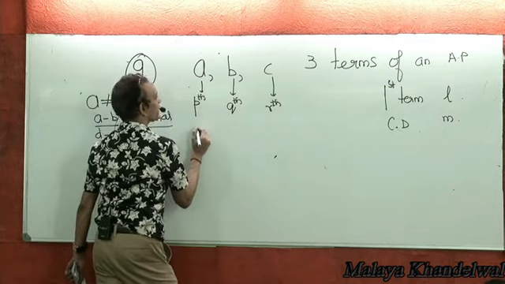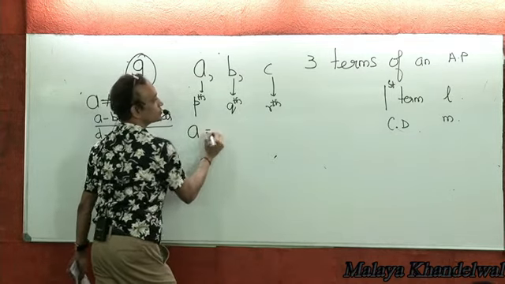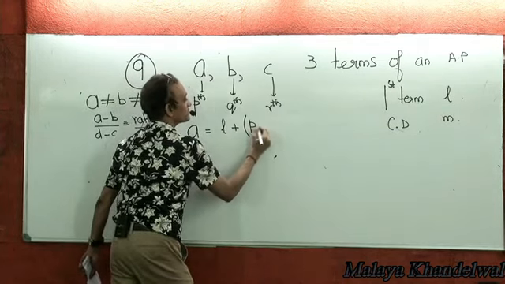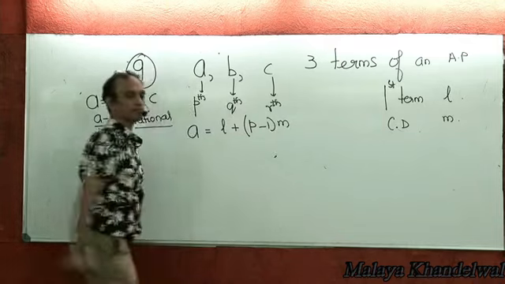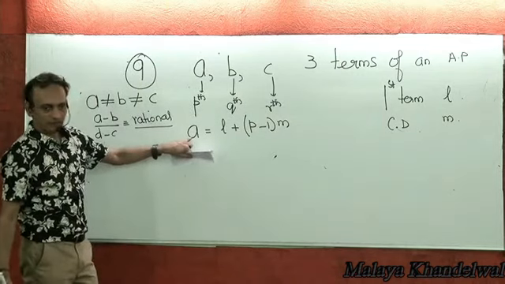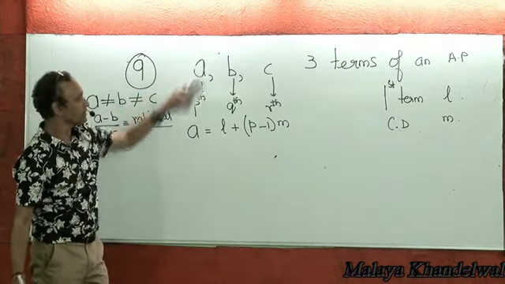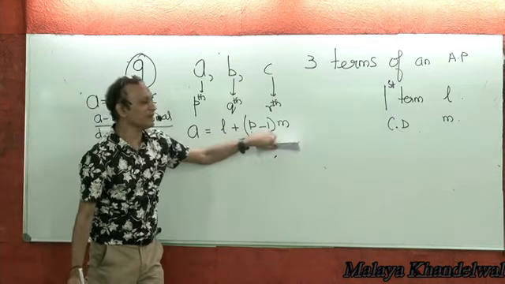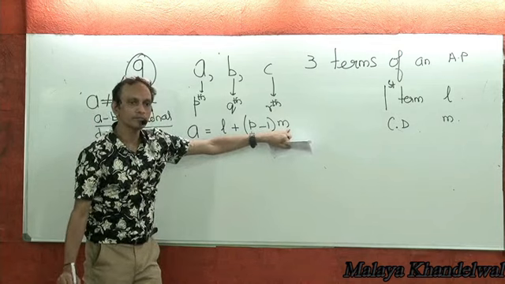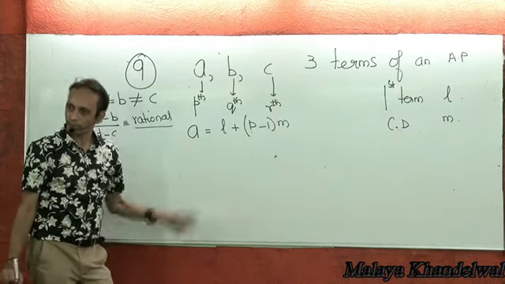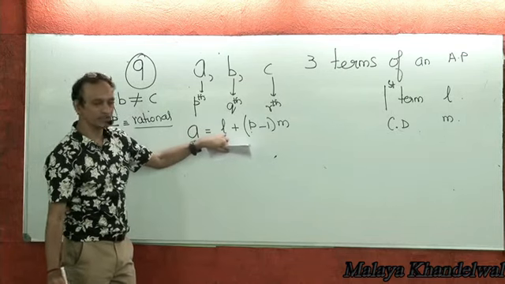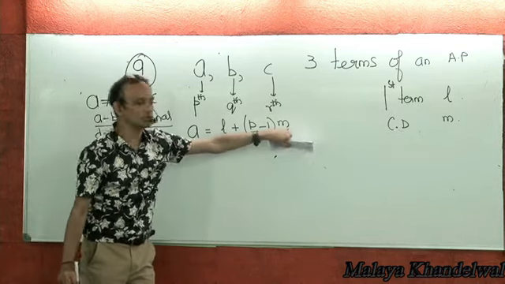Now, what is A? The pth term is going to be the first term L plus P minus 1 into common difference M.